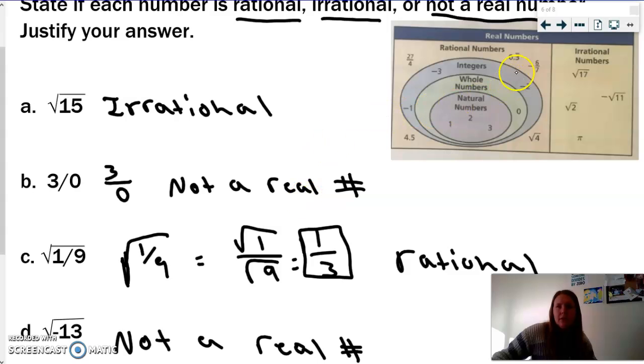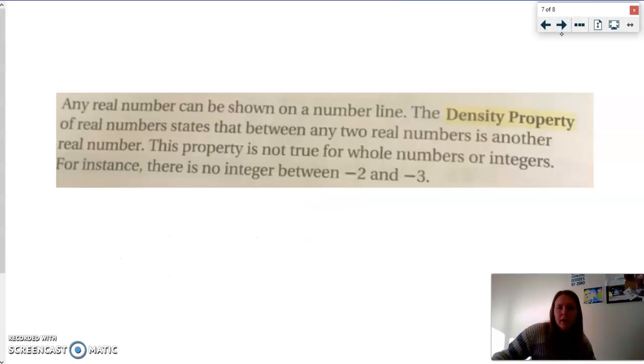So let's go on to one more problem I think we have. So this one's talking about a property we're not necessarily always going to be talking about. I know, understanding properties are important, but not necessarily do I think that they're super important to know the name all the time. But it does say that any real number can be shown on a number line.